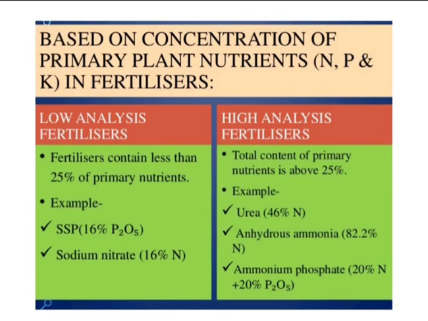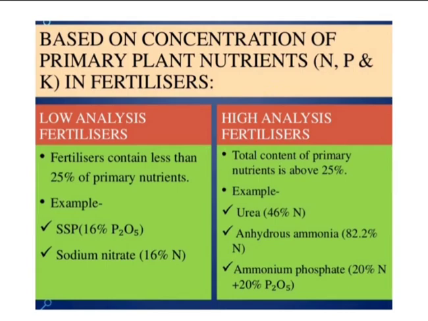Then the type of fertilizer based on the concentration of primary plant nutrients, NPK, in the fertilizers, means depending upon the amount of NPK, the fertilizers are shown here. The first type is low analysis fertilizer and the second one is high analysis fertilizer.